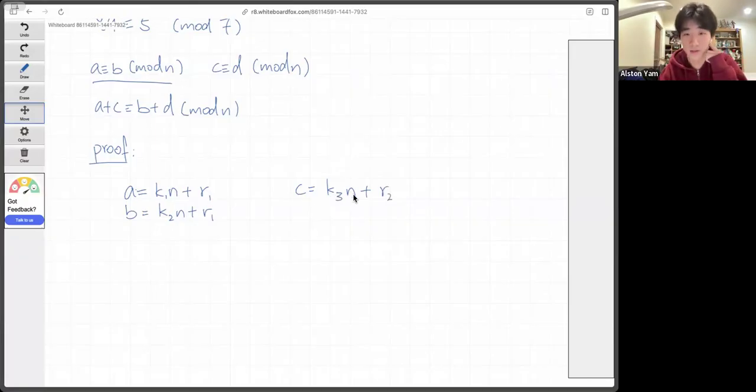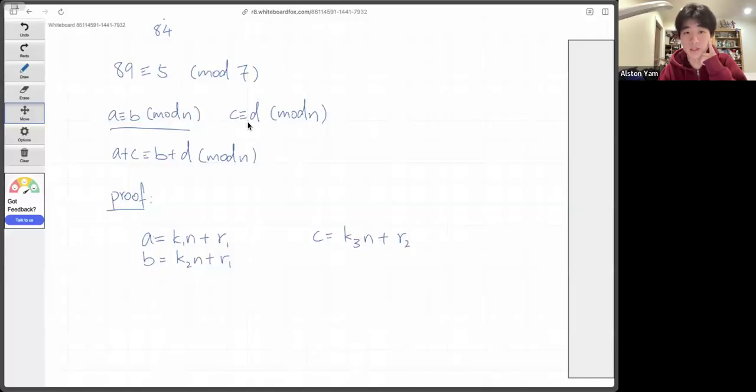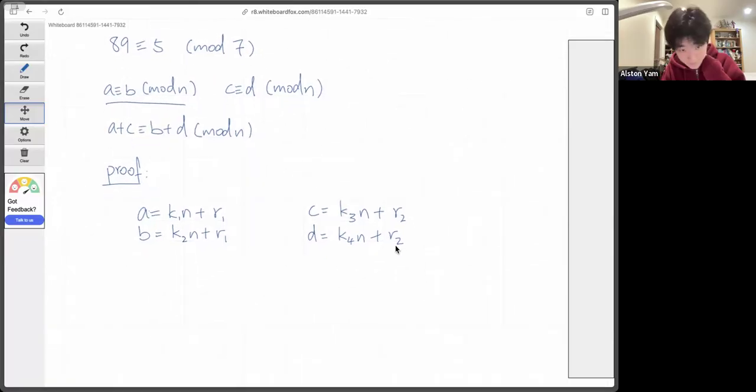Because what we have here is only that C is congruent to D mod n, but we don't know if C is congruent to A or B. So the C congruent to D mod n, we can translate that into our normal arithmetic, and we have D is K4n plus R2. Cool. So we have four numbers A, B, C, D, and we've written them in terms of a multiple of n plus its remainder.